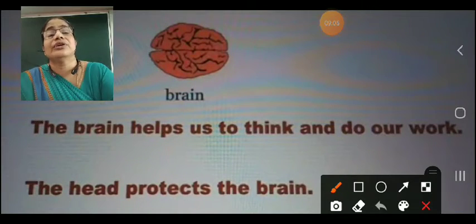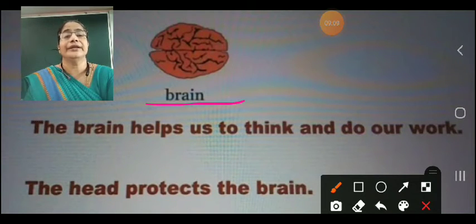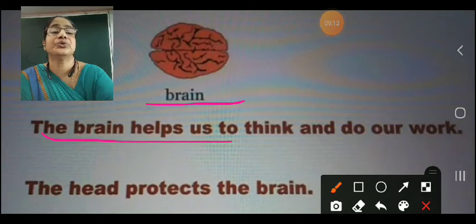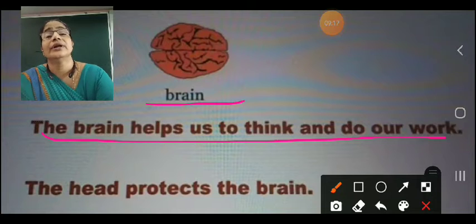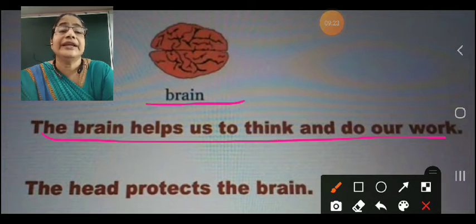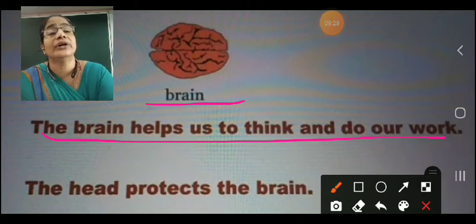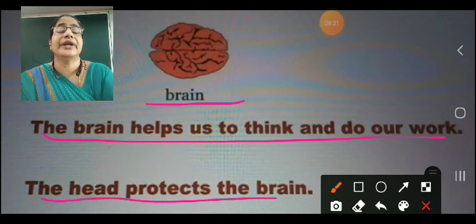And next internal body part is brain. The brain helps us to think and do our work. The head protects the brain, that is inside our head.